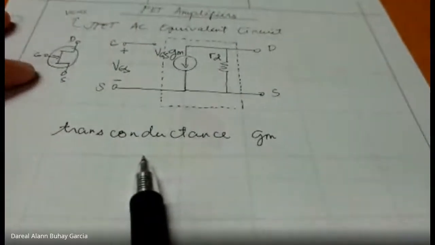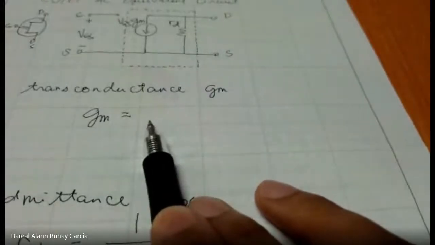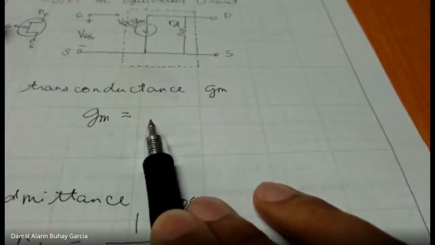Next is the transconductance, GM. How will we solve for GM? GM is equal to, if we look closely, the first derivative of our Shockley equation.